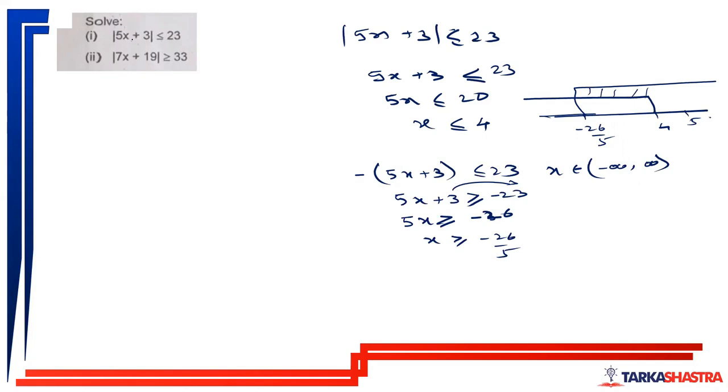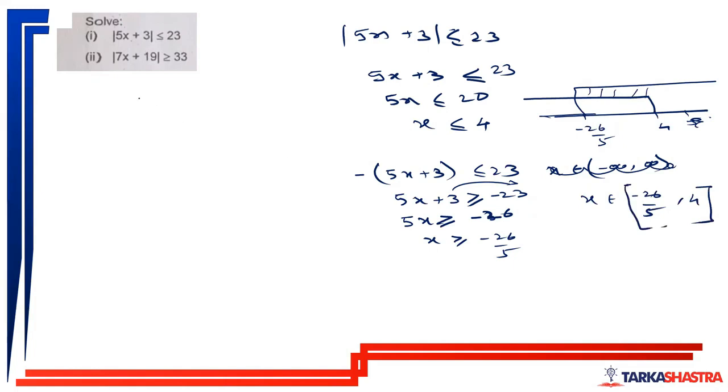No, we have to consider the common area only. So to consider the common area, x belongs to minus 26 by 5 to 4, in closed brackets.